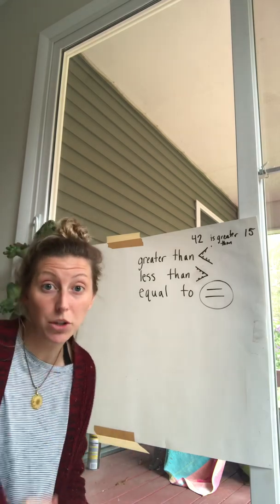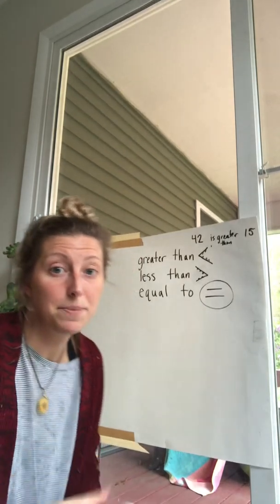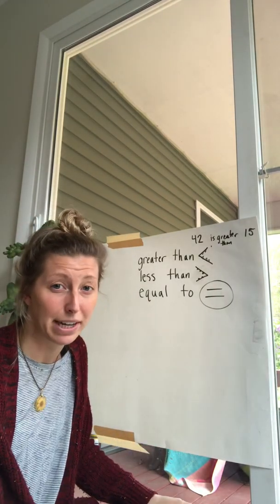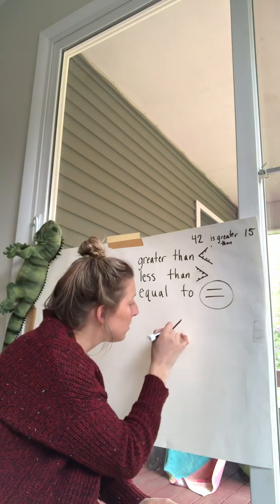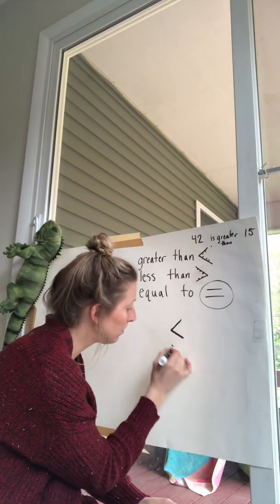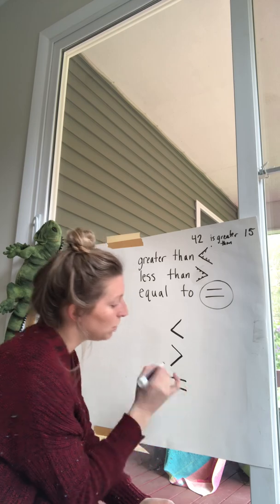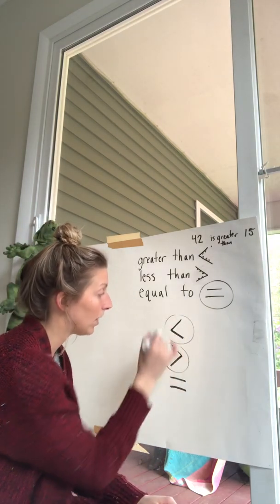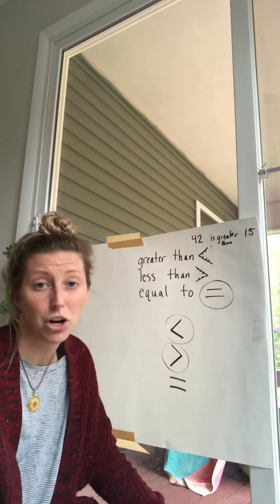So 2 things I want you to do today. I want you to practice just drawing the symbols, because sometimes it's a little tricky at first. So just practice making those angles, okay? Everyone should be very comfortable with the equal sign, but these 2 in particular. And you do not have to draw the teeth.